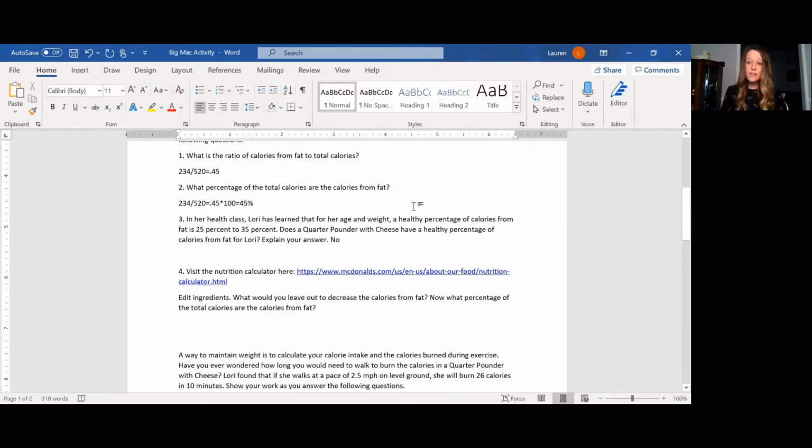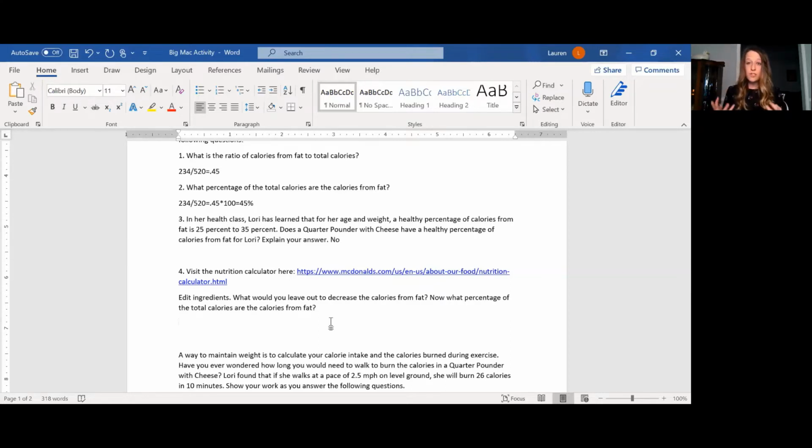Once we start to make alterations to our Quarter Pounder with cheese, we're going to very likely change the total number of calories. We can also change the amount of fat grams.